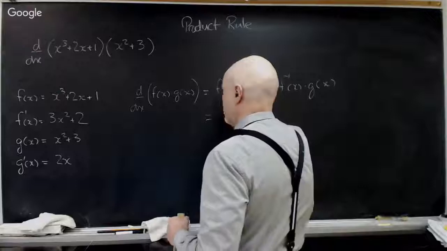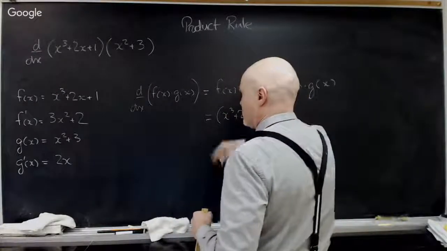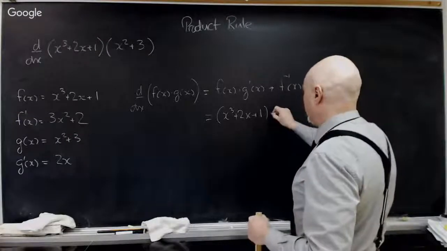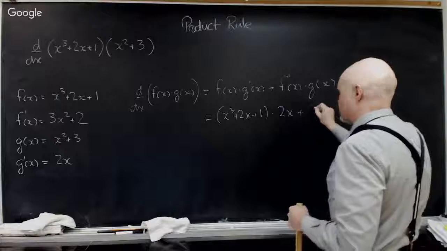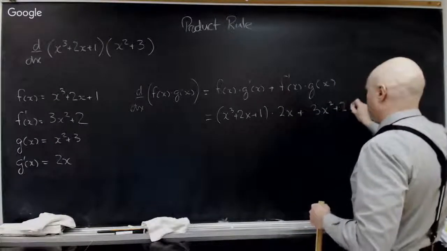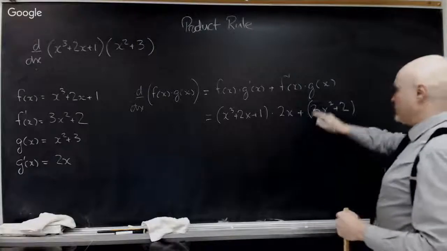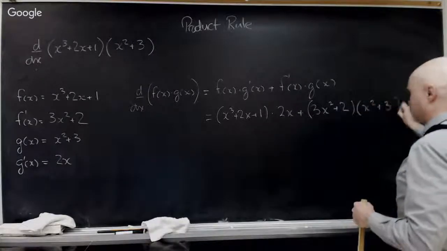So let's do this. F at x is x cubed plus 2x plus 1. And the derivative g primed at x is 2x. And then the derivative of f at x is 3x squared plus 2. And then the original function g at x is x squared plus 3. Okay.